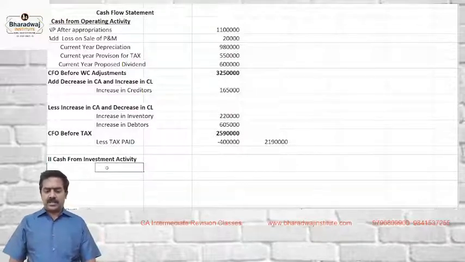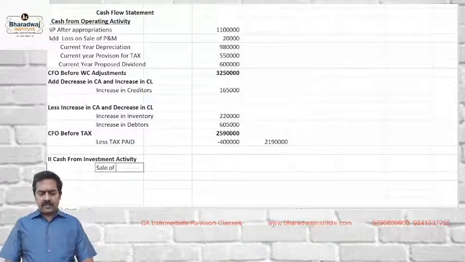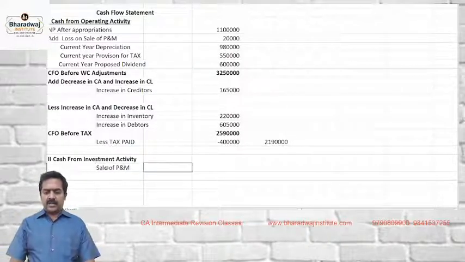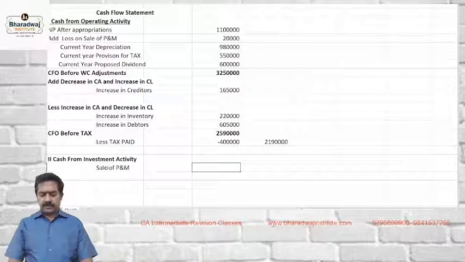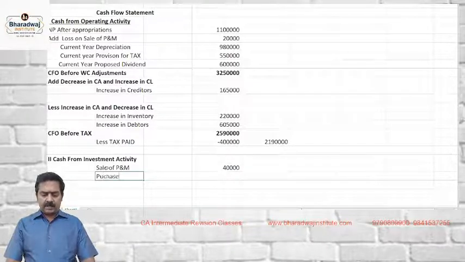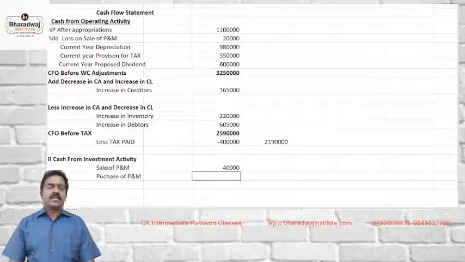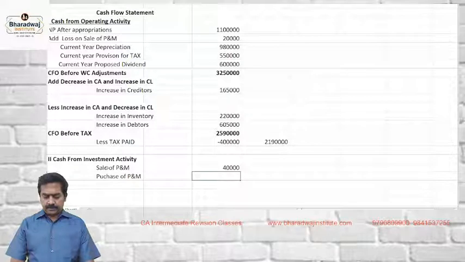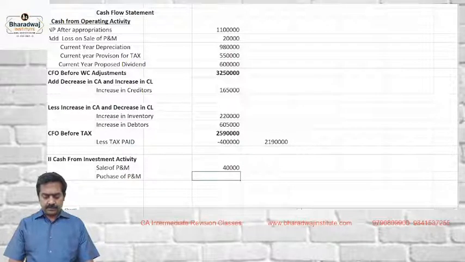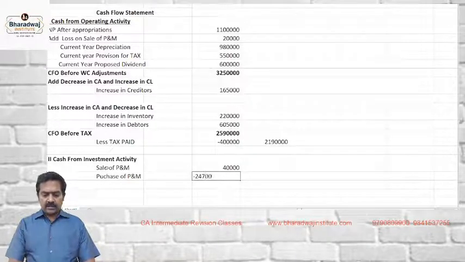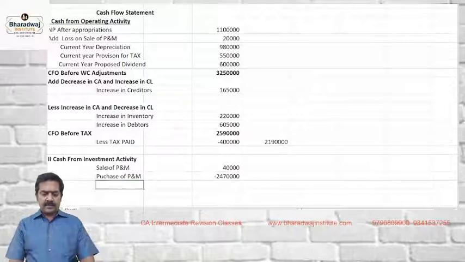What all will come in investing activity? Sale of plant and machinery. What is the sale of plant and machinery we have done? 40,000. Purchase of plant and machinery we get as a balancing figure. What is the purchase of plant and machinery? 24 lakh.